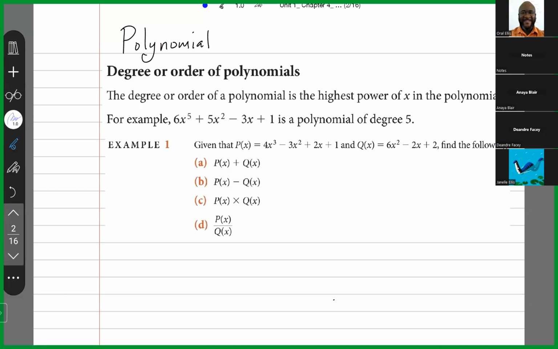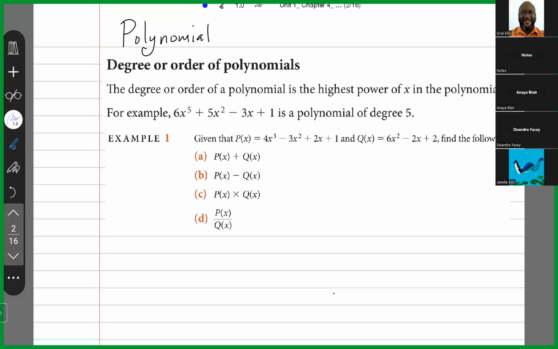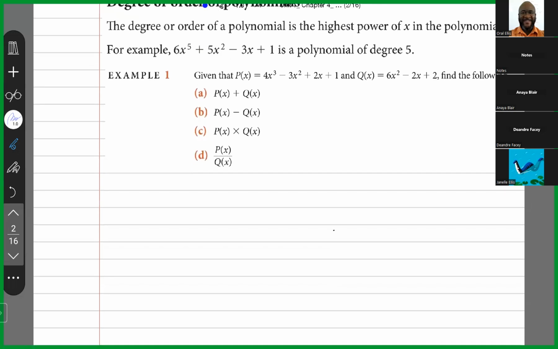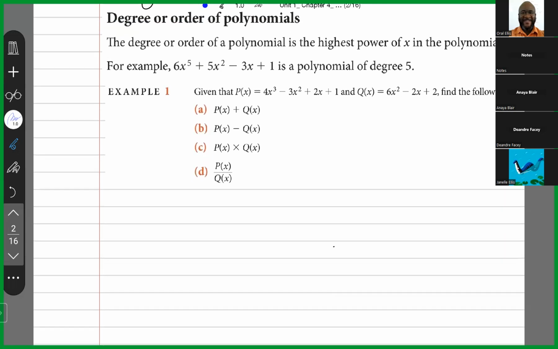All right, so let's do example 1. In example 1, we're asked to add p of x and q of x. One way to do it is to simply write out all of p of x plus all of q of x.